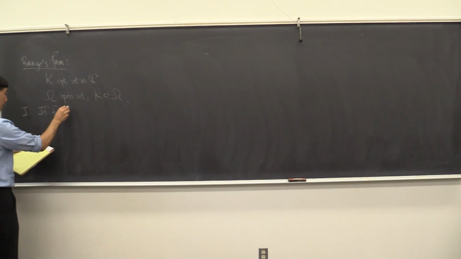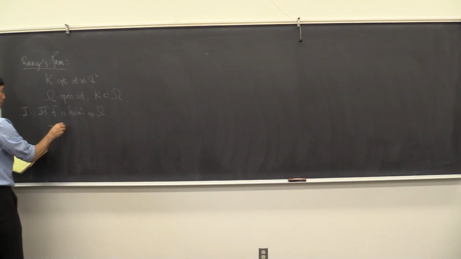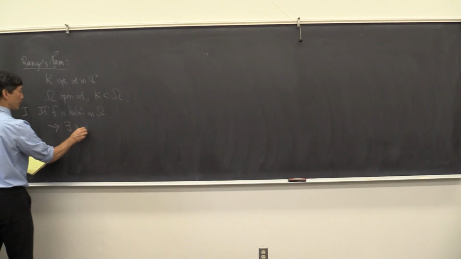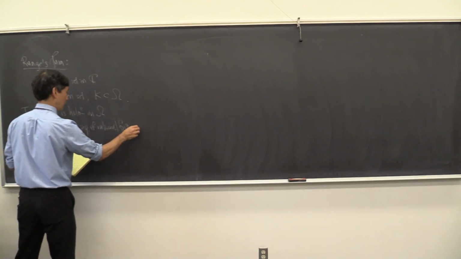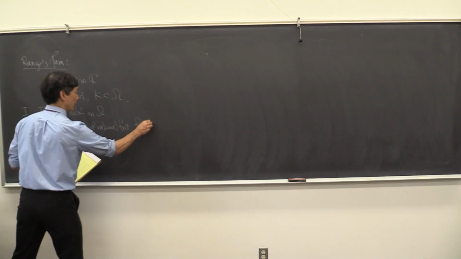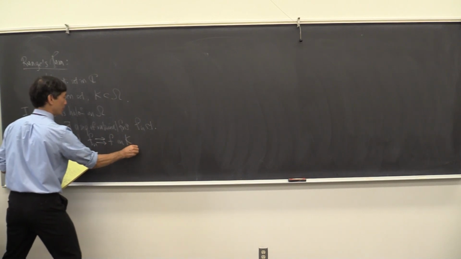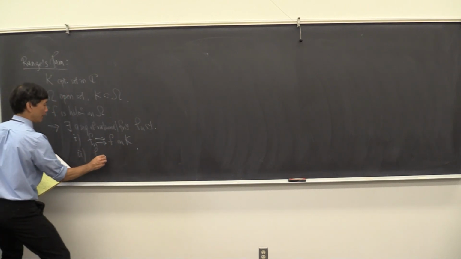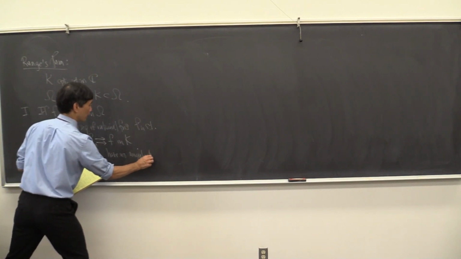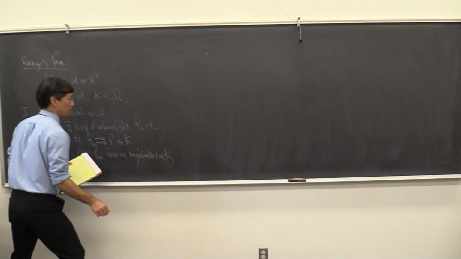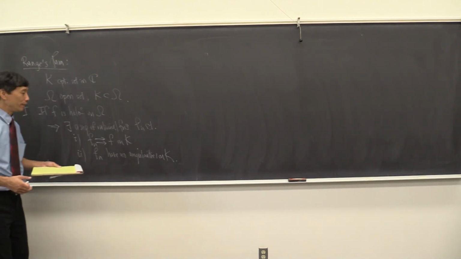If f is holomorphic on omega, then there exists a sequence of rational functions f sub n such that, one, the f sub n converge uniformly to f on K, and two, the f sub n have no singularities on K. So all the singularities are off of K.